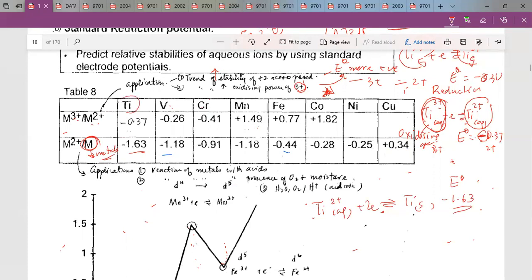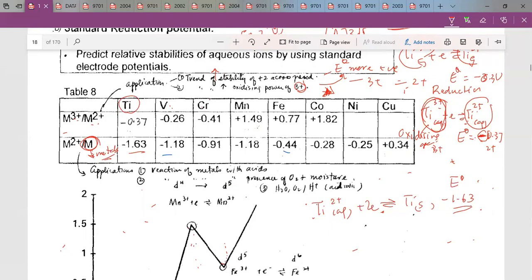Titanium metal is used in medicine to form this ball and joint socket in your hip bone or your shoulder bone. If you break it, they use titanium to replace it. Why? Because titanium is very stable, very unreactive, very light, very strong. So these are properties they use to replace a hip socket bone.